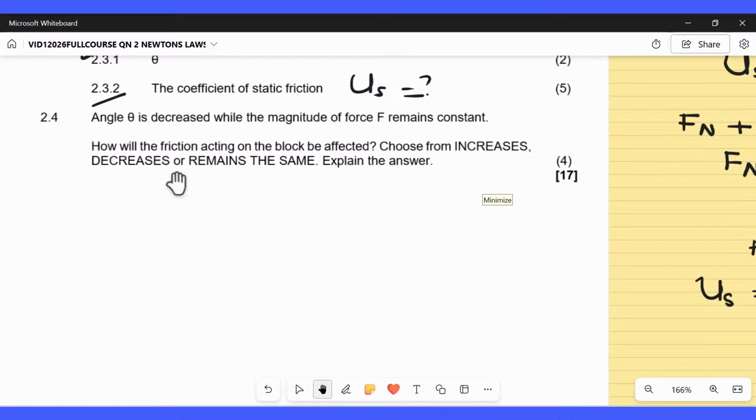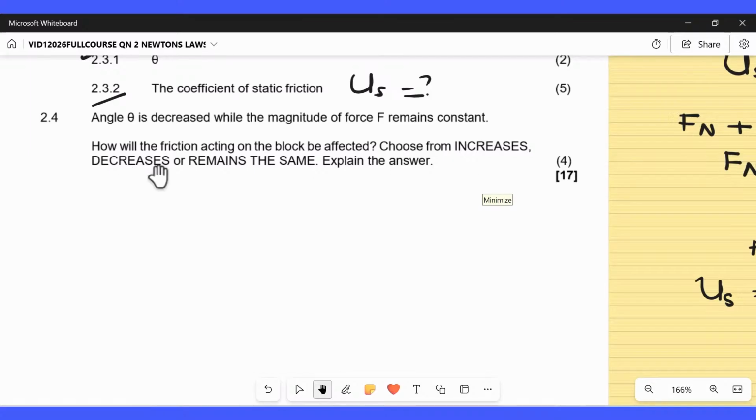Before we get our answer, let us begin with the explanation. Now we know that the static frictional force is directly proportional to the normal force.